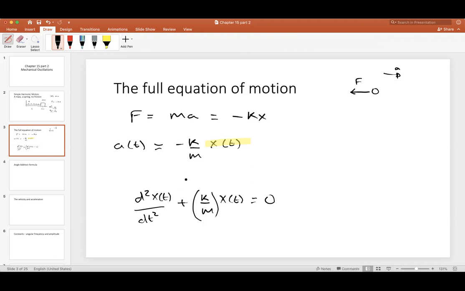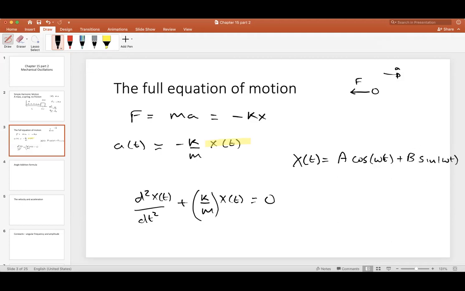The simplest, easiest to remember are the sines and cosines. So I need to talk about something else really fast. But first, what I'm going to say is that x of t must be equal to A times cosine of omega t plus B times sine of omega t.